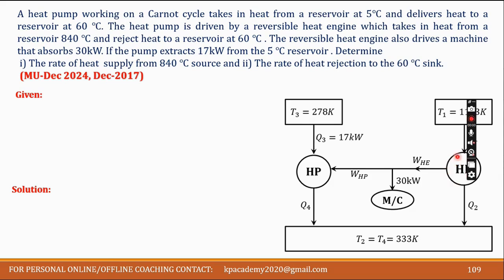So whatever work output the heat engine delivers, some part of it is given to the machine, which takes 30 kilowatt, and the remaining work output from the heat engine is supplied to the heat pump.